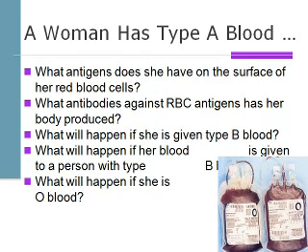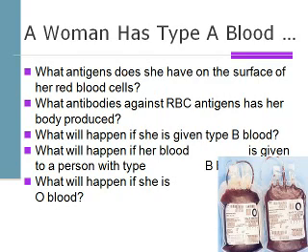Well, since type O has neither A nor B antigens on its surface, they can't be destroyed. There's nothing that can be destroyed. So that's why type O is the universal donor. Okay? So type A blood carries A antigens and anti-B antibodies. Type B blood carries B antigens and anti-A antibodies.